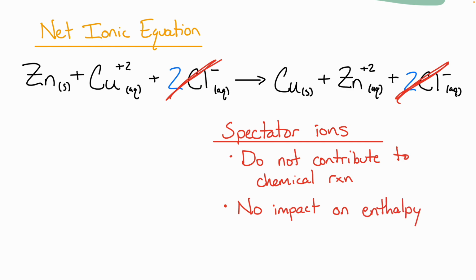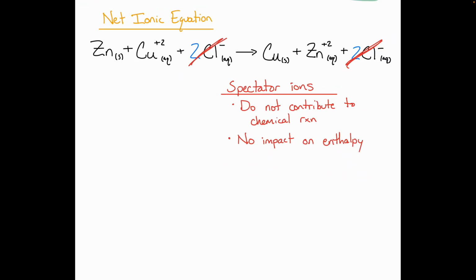So I don't care about my spectator ions when I'm trying to figure out how much heat is absorbed or released by this chemical reaction. I only care about those species that appear in my net ionic equation. In this case, my zinc solid and my copper 2 ions being converted into copper and zinc ions.